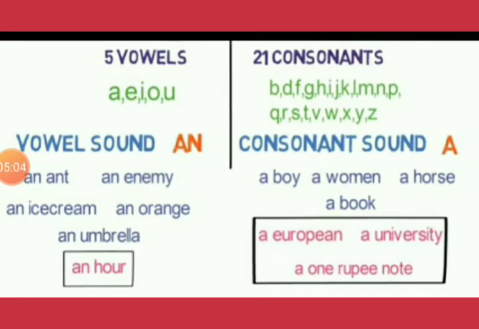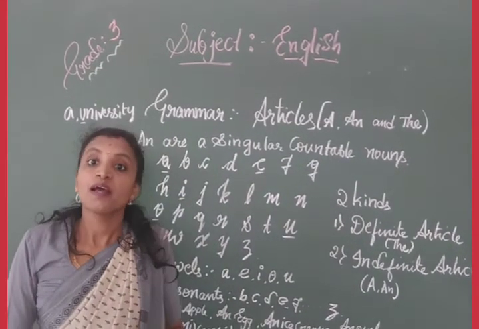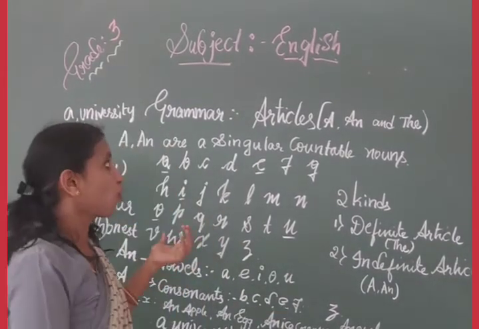For that reason we use a. University: you pronounce it Y-O-U, and that is a consonant sound, so we use a. Are there any doubts, children? Is it clear? I hope everyone has understood today's topic.